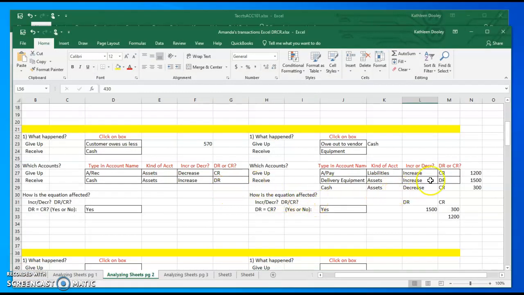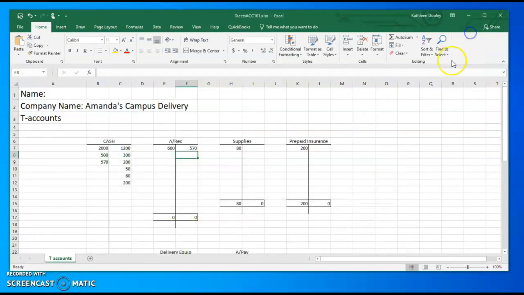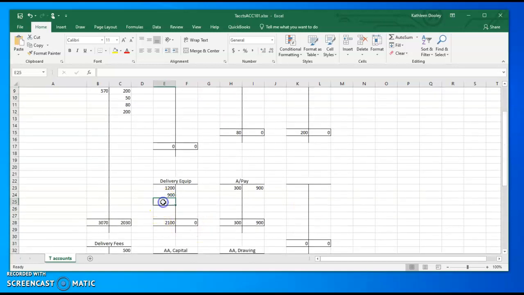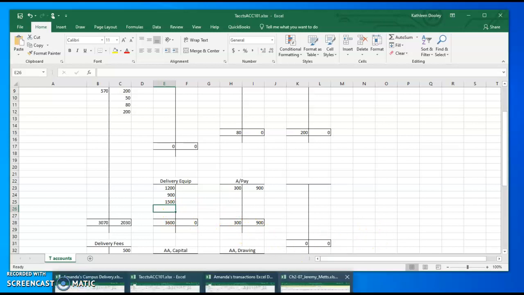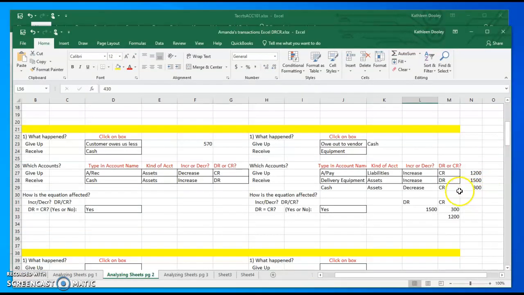Okay, here we have our three-parter. So now we have to pay attention. I've got a debit of $1,500 to delivery equipment. So I go to my delivery equipment. I've got a debit of $1,500. Then I look at my credits. I have two credits.